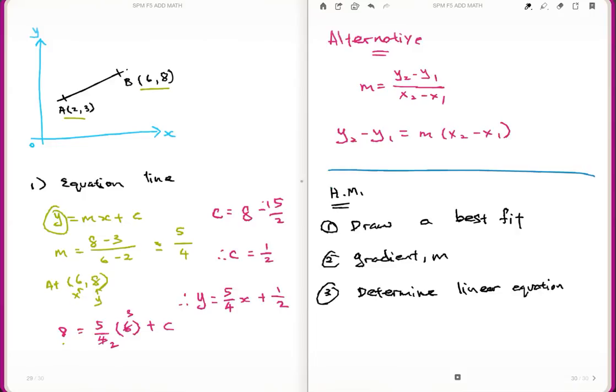As a kickstarter, to start off with, you should be able to draw a best fit. You need to build a table, where you have your x value and your y value.